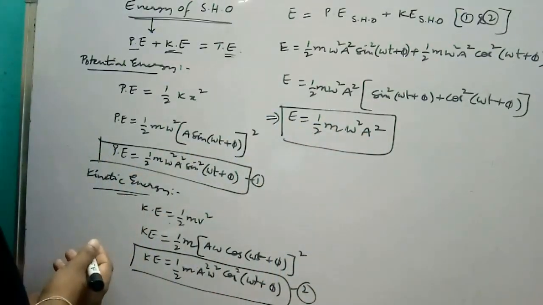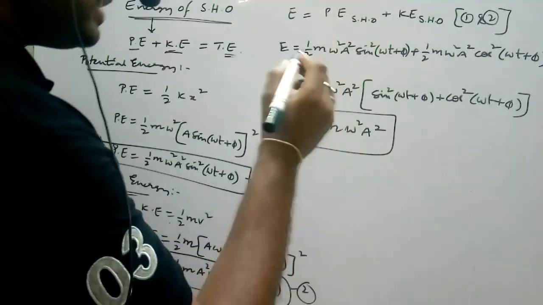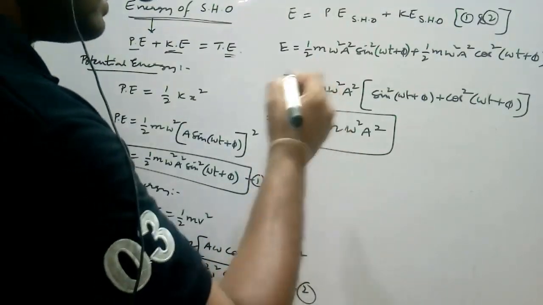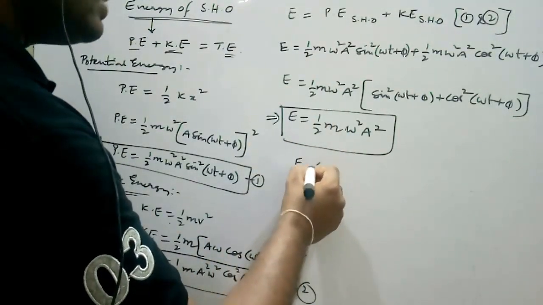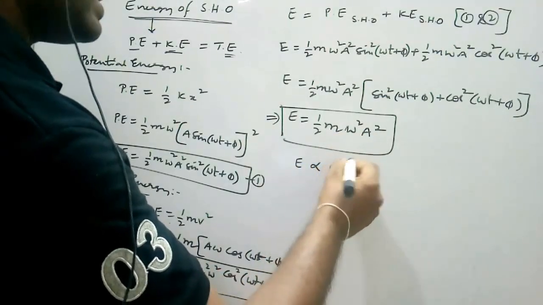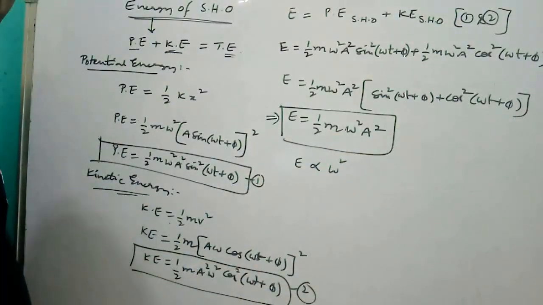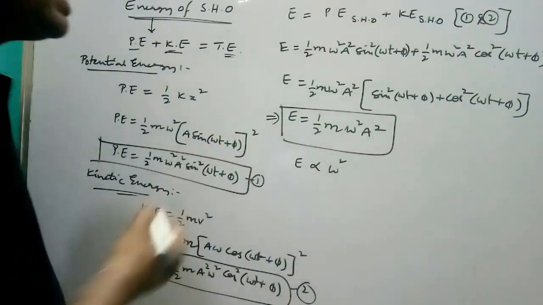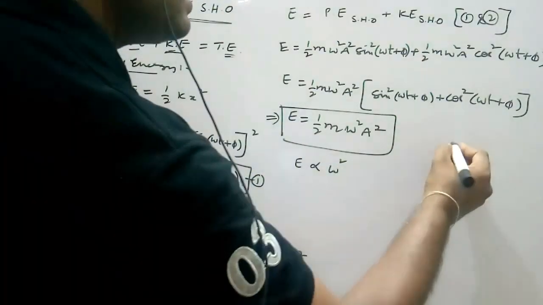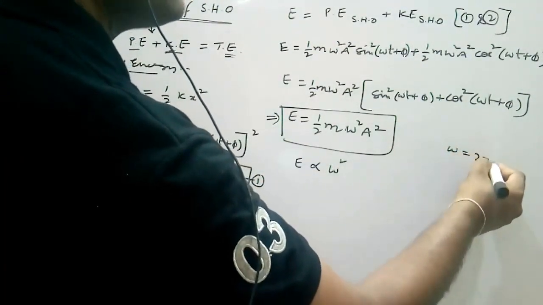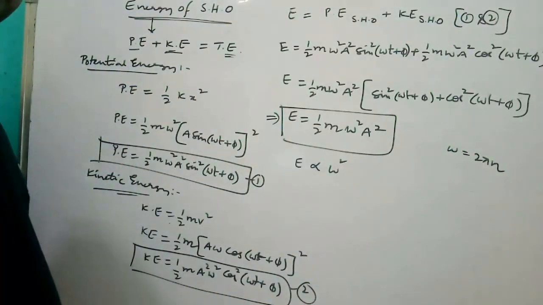Okay, so from this equation we can say that E is directly proportional to omega square. What is omega here? Omega means 2 pi times the natural frequency.